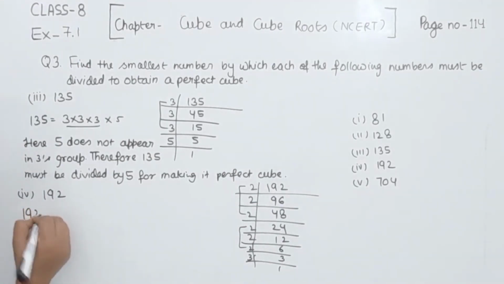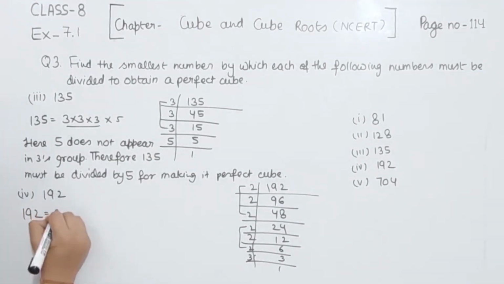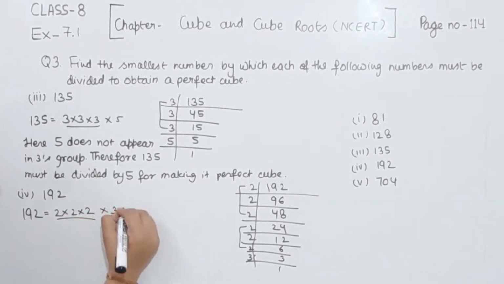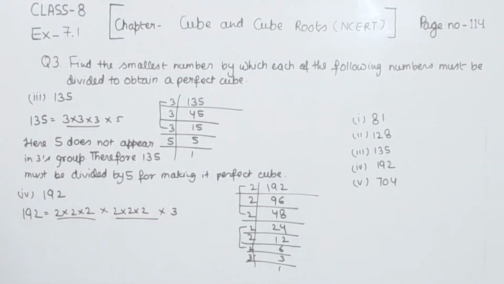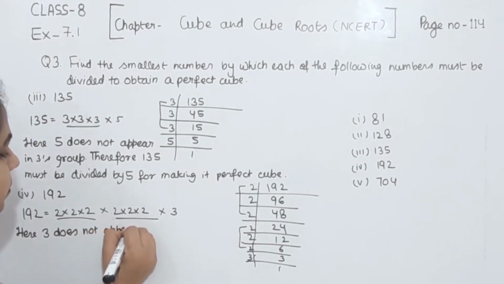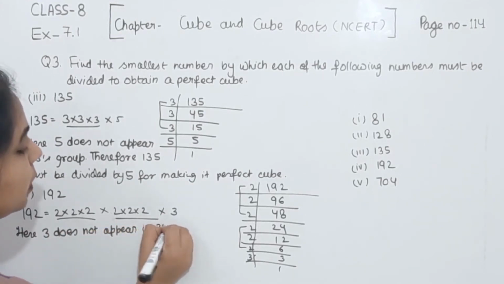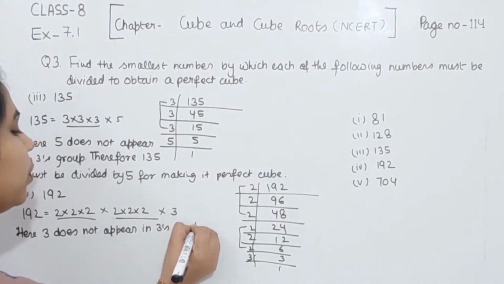First of all, we are going to write the prime factors of 192. We have 2 multiplied by 2 multiplied by 2 and then again 2 multiplied by 2 multiplied by 2 and this 3 is not in the 3's group. So we are going to write here: 3 does not appear in 3's group.